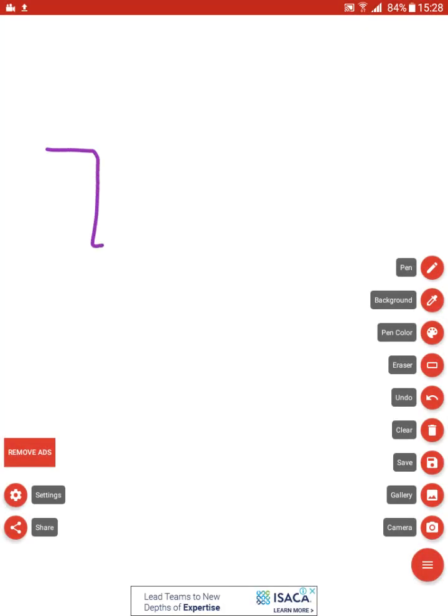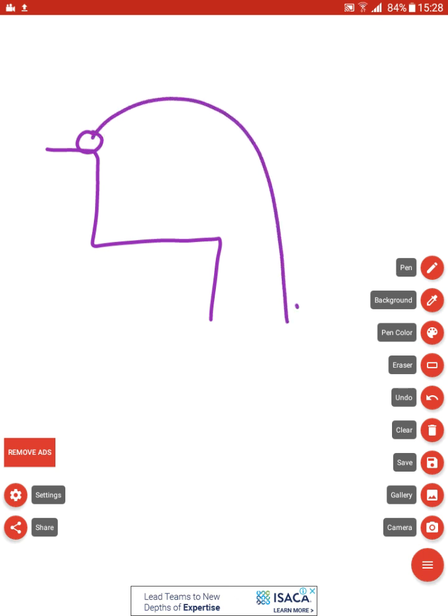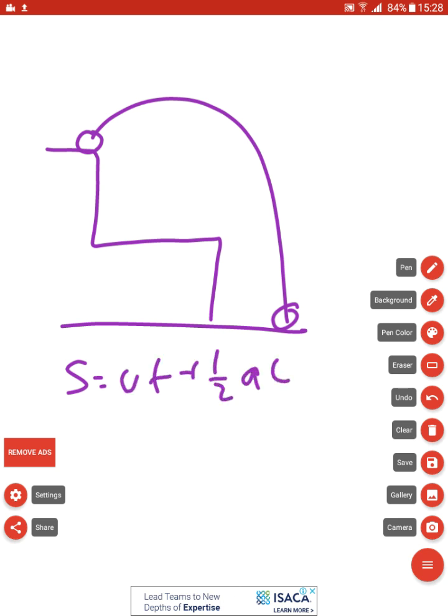What if the object moves from here and does not come back to its original place? I can use this relation also after I take horizontal and vertical, but when I put in the value of s, I will put it with a negative sign.